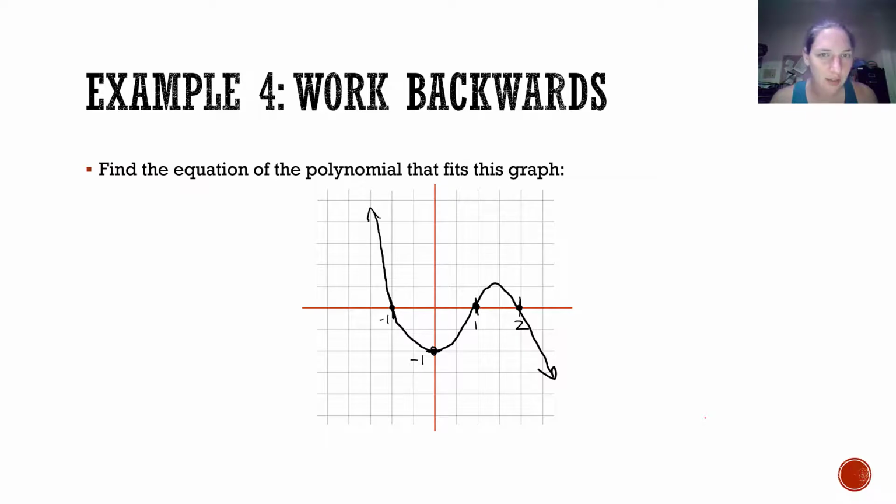All right, did you try? Did you get stuck? It's okay to get stuck. It's good to ask for help. So let's see. We know that x plus 1 is a factor. So is x minus 1 and x minus 2.